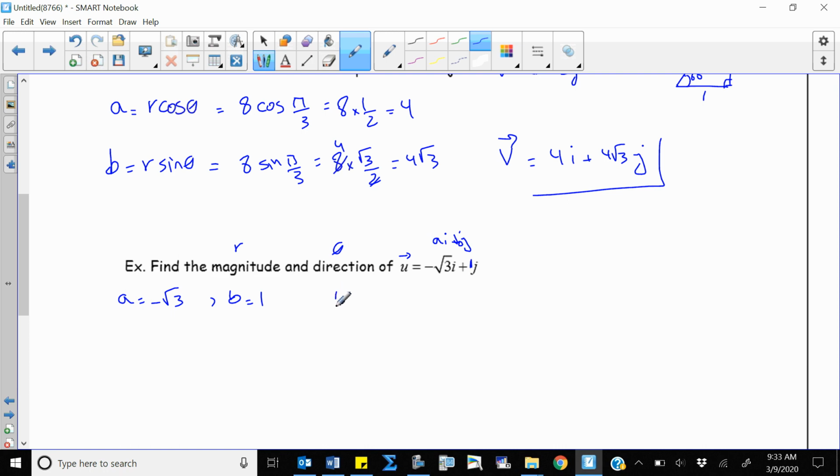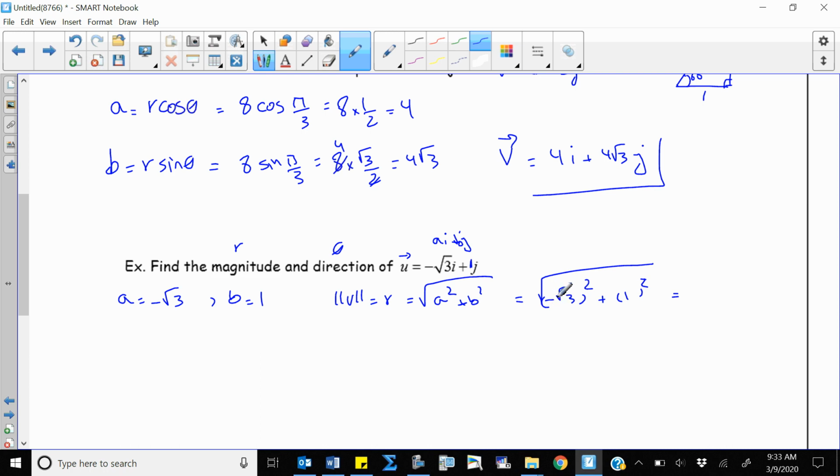We know that the magnitude, or r here, is the square root of a squared plus b squared. So that will be the a component, negative radical 3, squared, plus the b component, which is 1, squared, and then we take the square root of that.